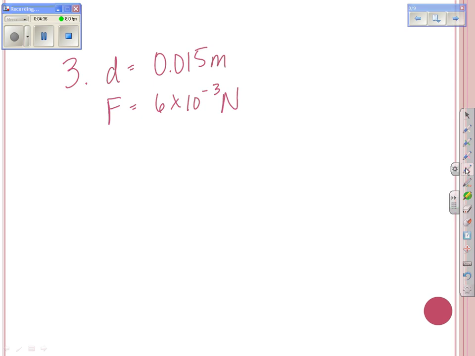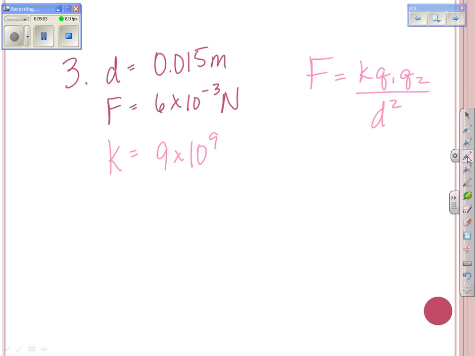And I want to know what the charge is of each chip. Again, we do know K. K remains the same. It's our electrostatic constant, and it is 9 times 10 to the ninth. Our formula is F equals K Q1 Q2 divided by D squared.